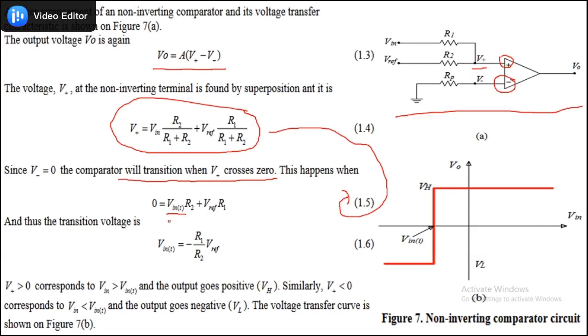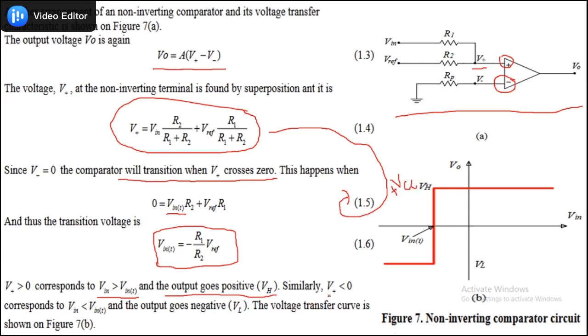Okay, so from here, if you find the value of Vin transition in terms of R1, R2 and Vref, you will get this. So by this equation, you can clearly say when V plus is greater than 0, then Vin is greater than VinT, and the output will be in the positive direction, which is VH. Again, remember, VH is nothing but your plus VCC.